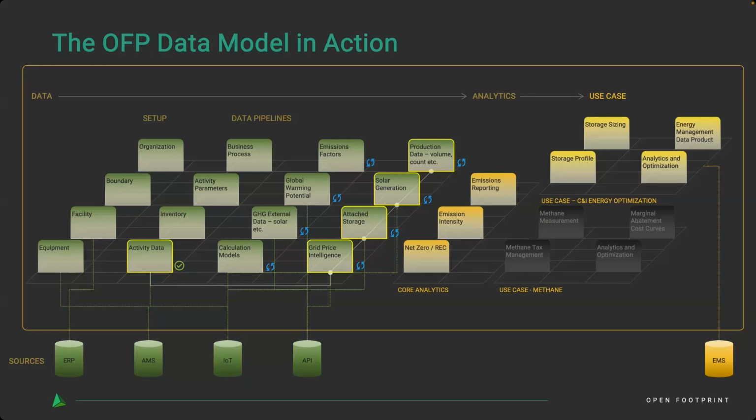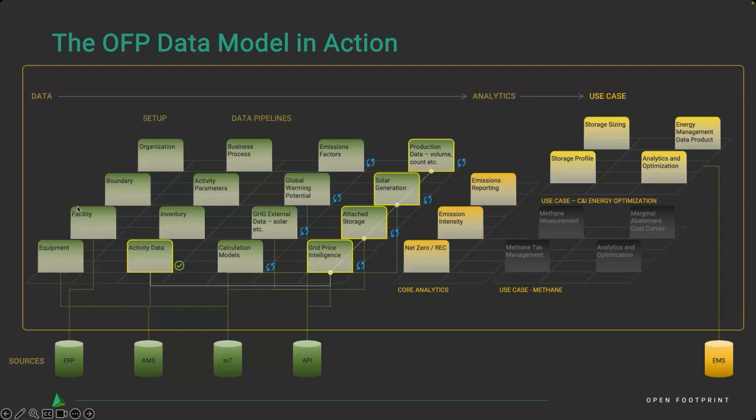All the data definitions of the model. While it is a fairly complex model with close to 100 different entities, the important thing to understand is the way it sets up an organization to start rapidly looking at their emissions information in a structured, standardized manner, right? So there are these setup entities.